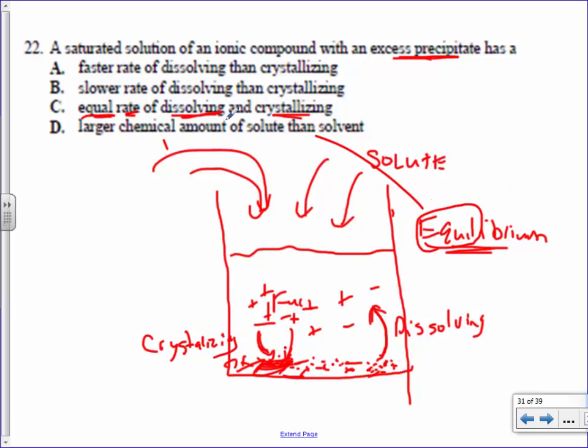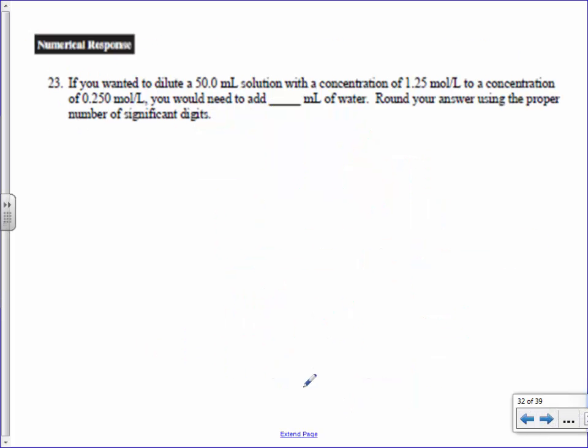At equilibrium, it'd be the same. That makes sense? In order to get that question right, though, you had to remember the idea of equilibrium. So hopefully that's something you recall from your notes. Any questions on that one? Okay.